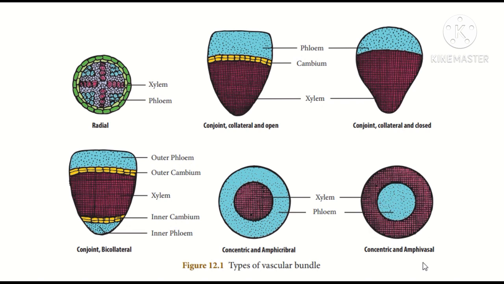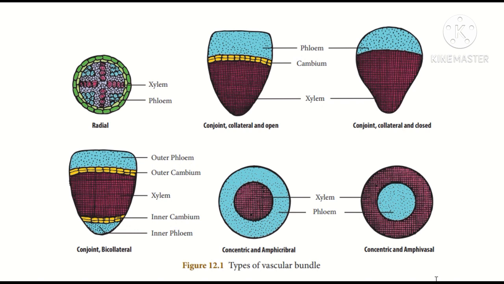Example, Dracaena. And in case of amphicribal, phloem surrounds the xylem. That is, here xylem is inside. These are the various types of arrangement of the vascular bundles.